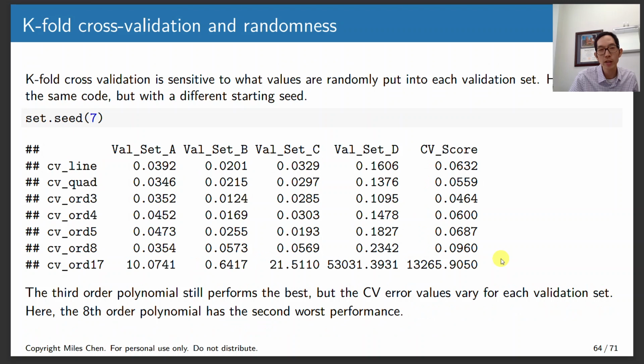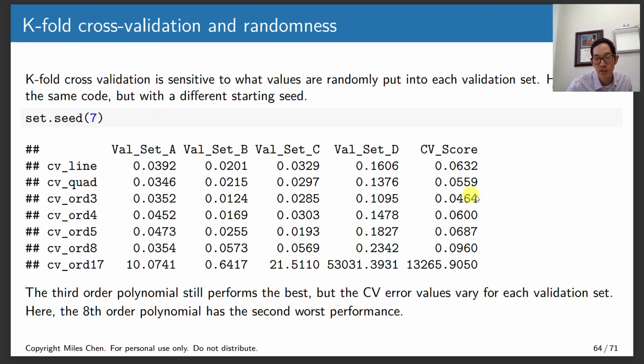So here I ran the same code again, this time with a different seed, okay? And so we end up with different validation sets. And using different validation sets, we see the 3rd order polynomial performs the best at 0.0464, and the 8th order polynomial is 2nd worst, okay?